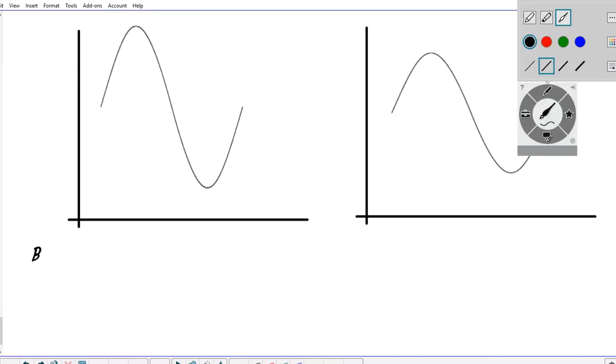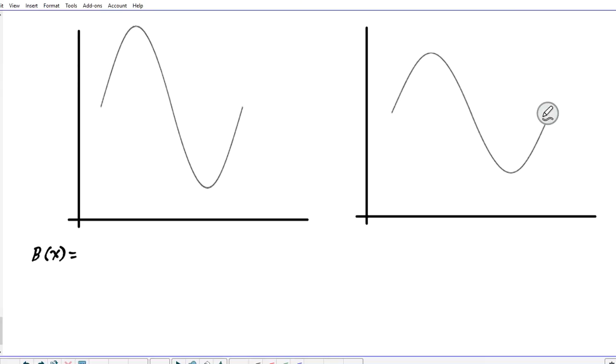So that one is B of x equals 23.914 sine 0.508x minus 2.116 plus 55.300. All right. So for this one, we're looking at the a value, which is the amplitude, and we're also looking at the h value.